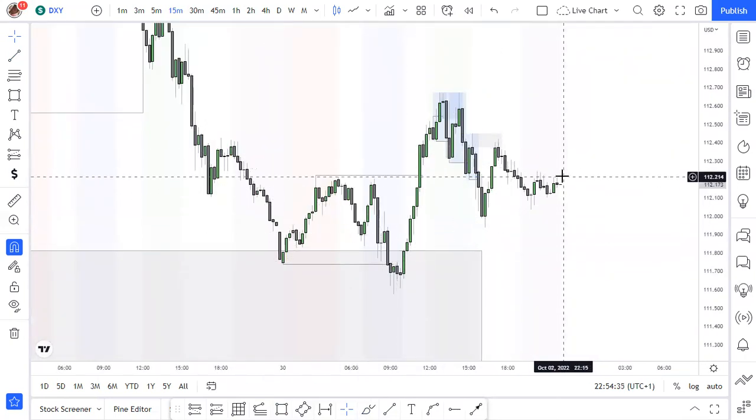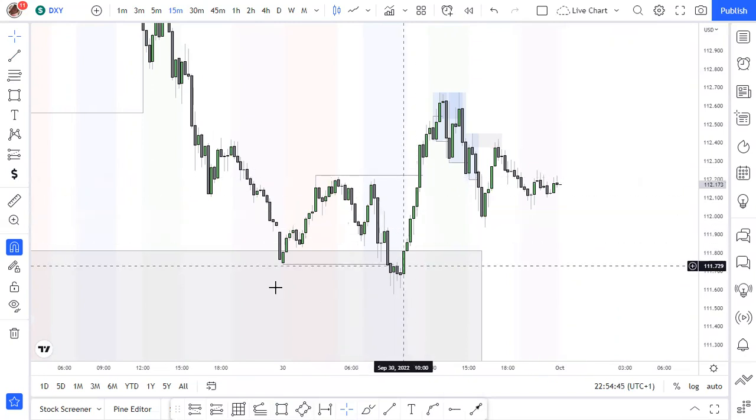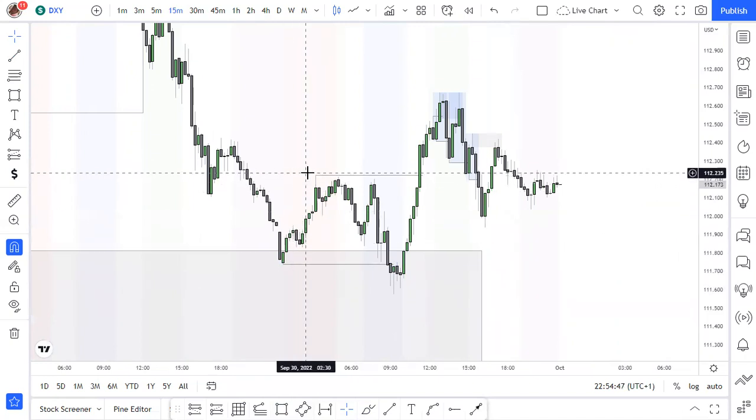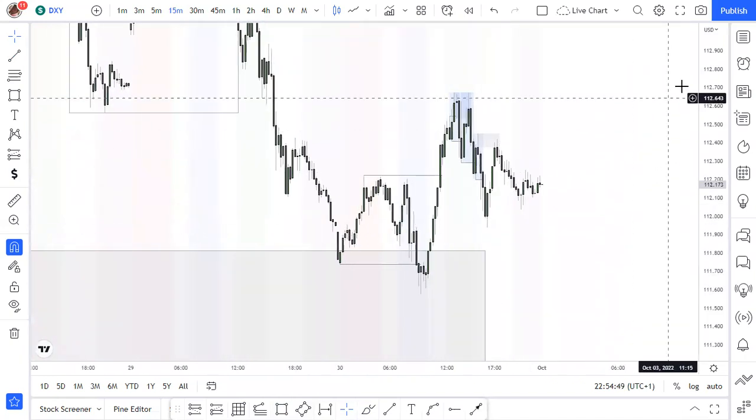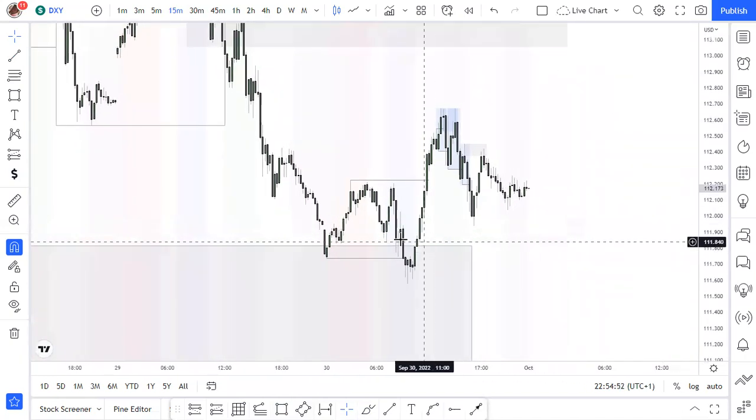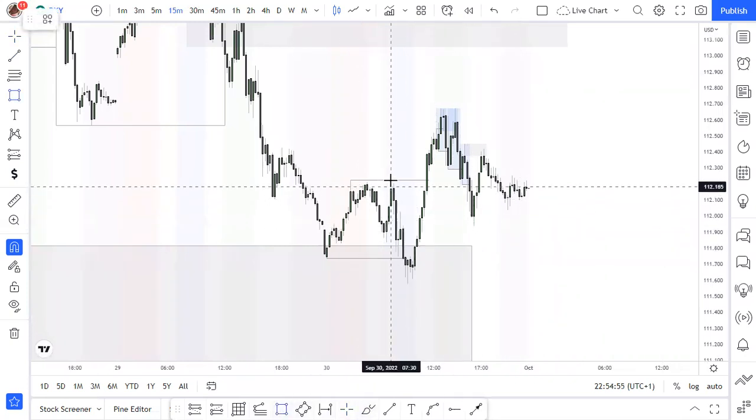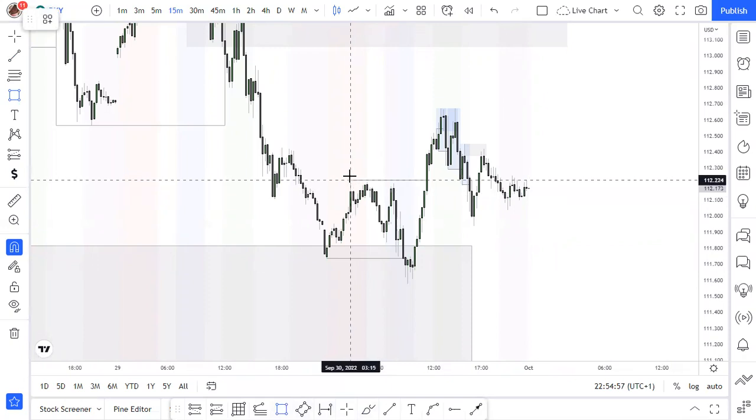So these are things we try to combine and make sense out of before we can say that price is going to buy or sell. Judging from what we have here on the 15-minute time frame, we'll see if price should respect this supply range, which is what we have here.